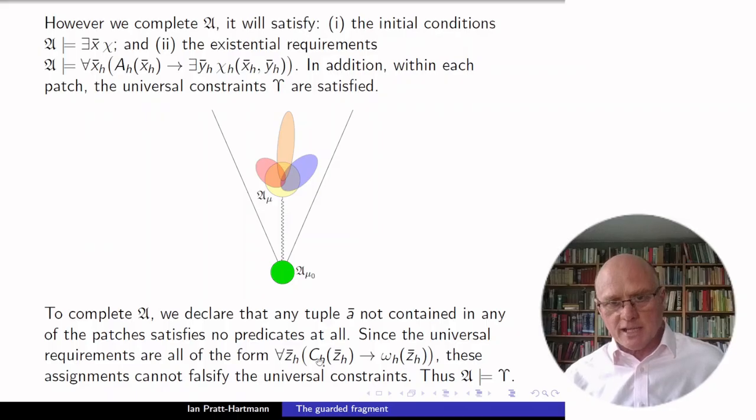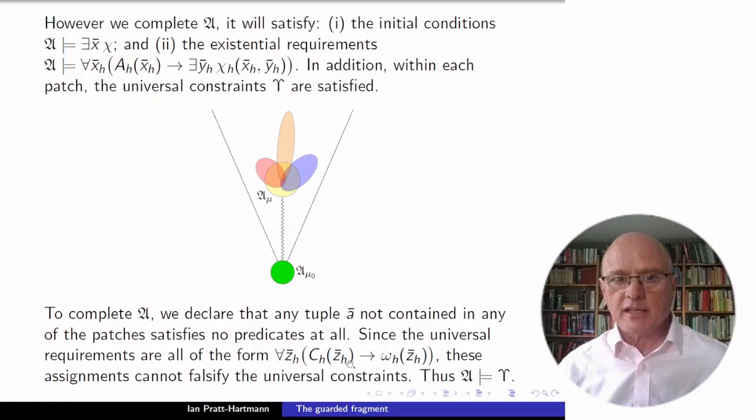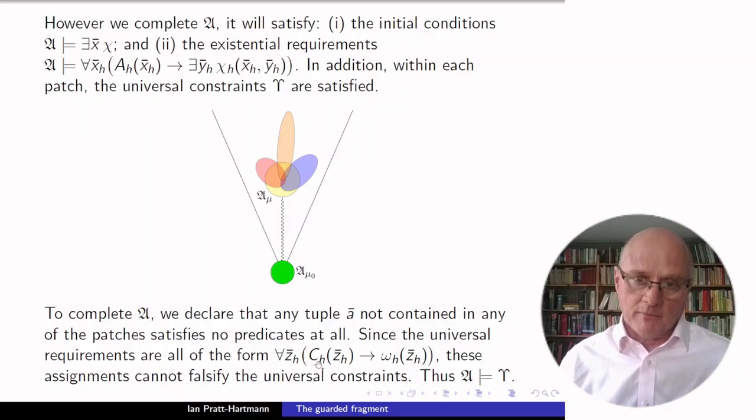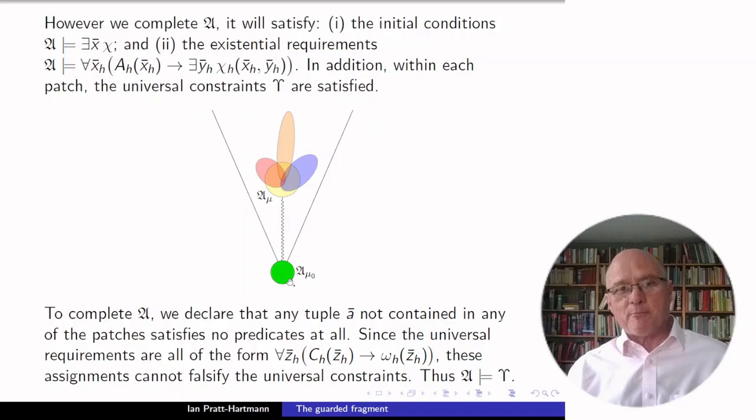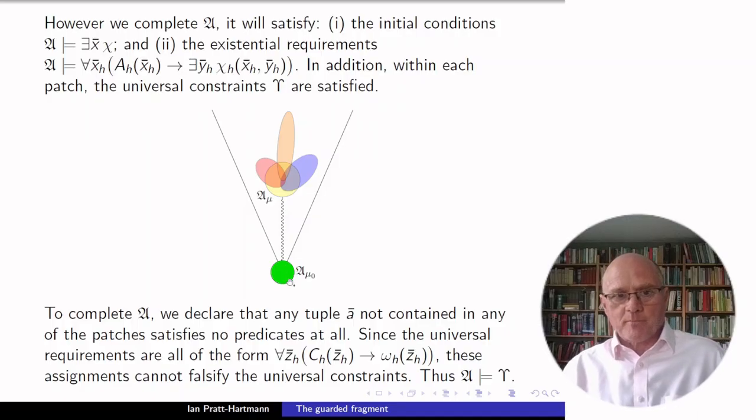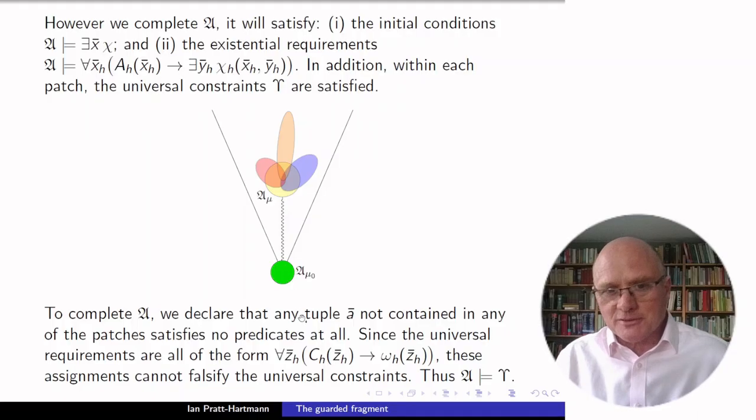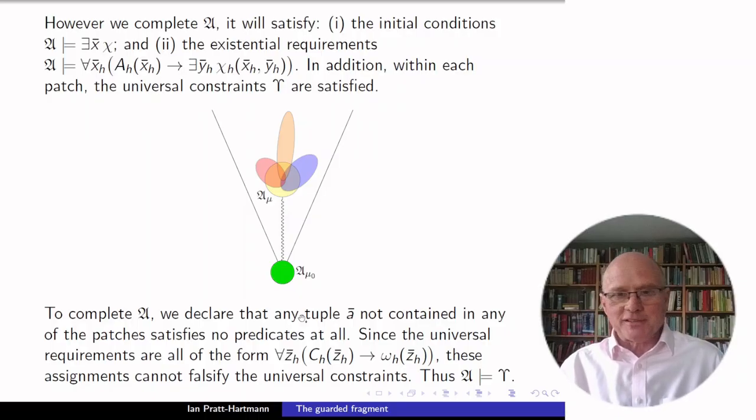This formula is an implication, and the antecedent of this implication is an atom, and by hypothesis, any tuple not contained in a patch satisfies no atoms at all, so trivially satisfies these universal constraints. Any tuple contained within the patch automatically satisfies the universal constraints because all of the patches did. And all of the types in T satisfy universal constraints, so they're automatically okay, they're patches.